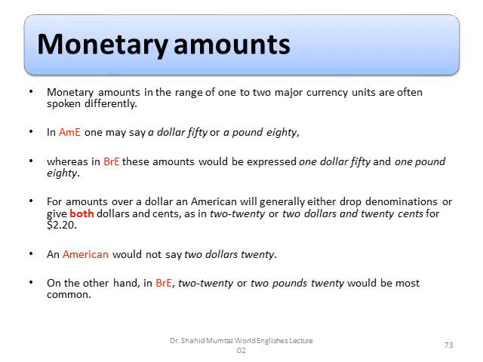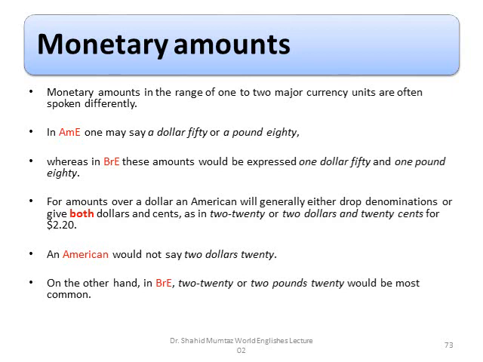For amounts over $2, an American will generally either drop the denomination or give both dollars and cents, as in "two twenty" or "two dollars and twenty cents".